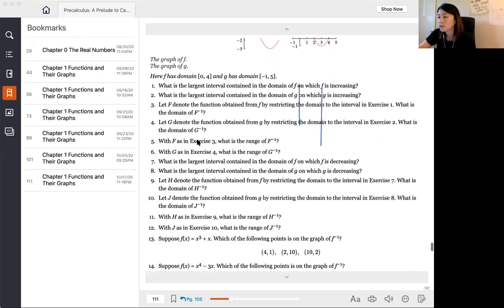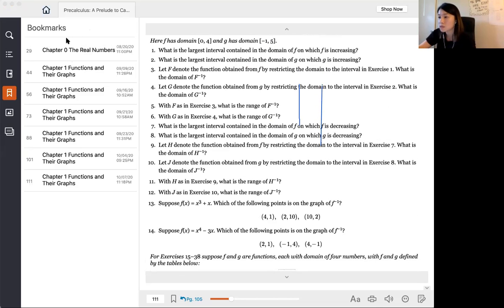Okay, for number 14, we'll quick go over this before you guys go. Remember, this is y equals x to the 4th minus 3x, right? That's another way to write our function.